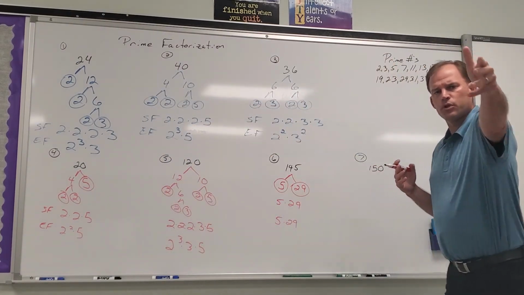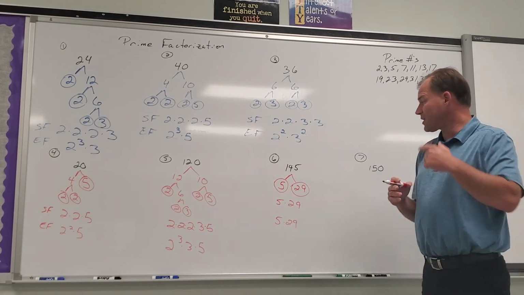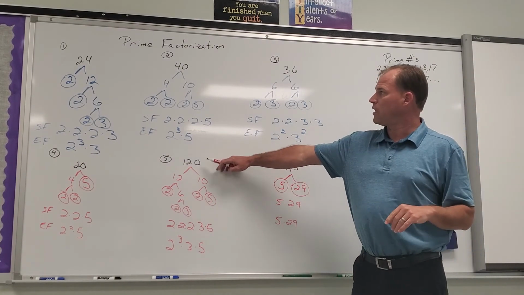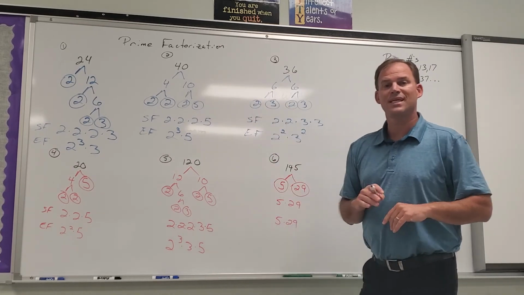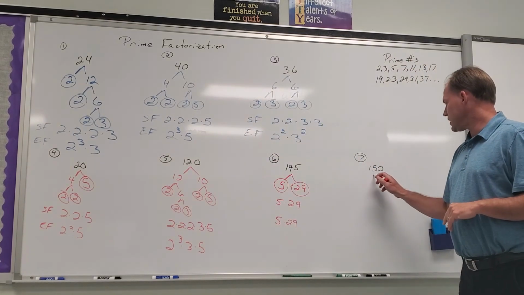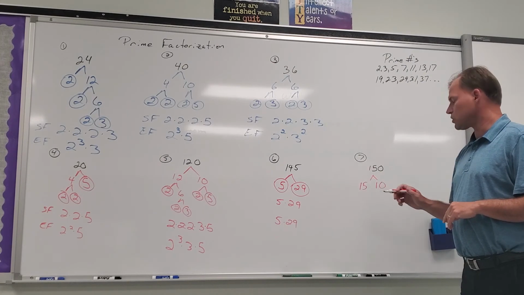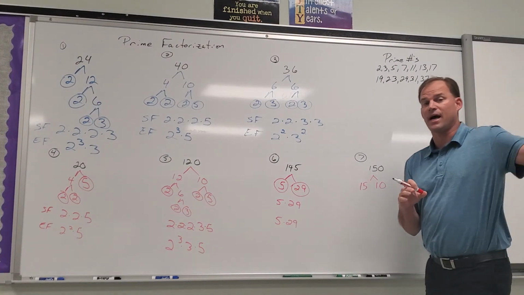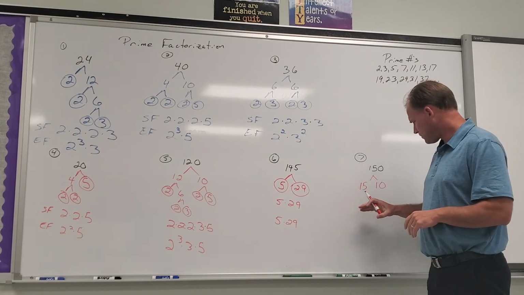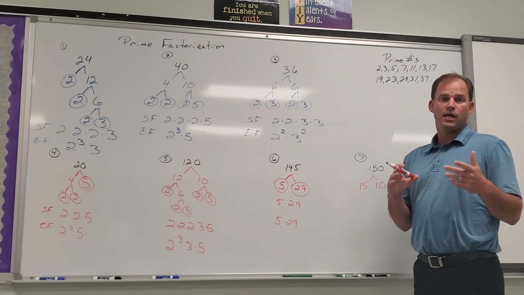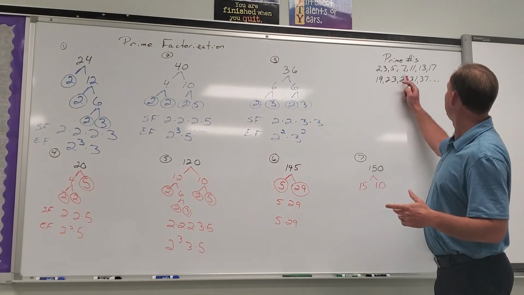So what number do you want to start the multiplication with? I know what I want to start the multiplication with. We've done it a number of times before. When we see that 0 at the end, that's an indicator, a quick way to figure out where to start. Multiply or divide by 10, find the factor. 15 times 10 is 150. Is 15 prime?